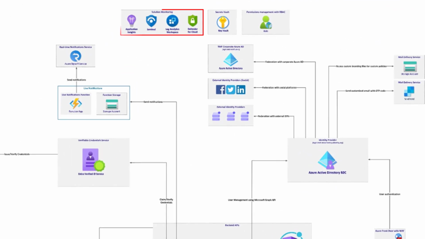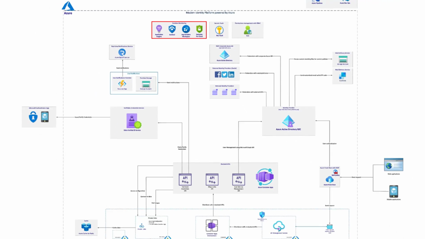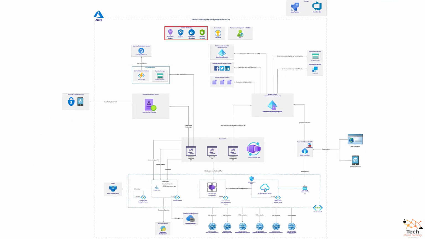Obviously, when it comes to monitoring, Application Insights can monitor what's happening inside those APIs and inside the code, but also we can leverage Microsoft Sentinel to detect threats related to identity, and Defender for Cloud to react to different threats related to cloud components and services like Azure Container Apps, functions, and other services.